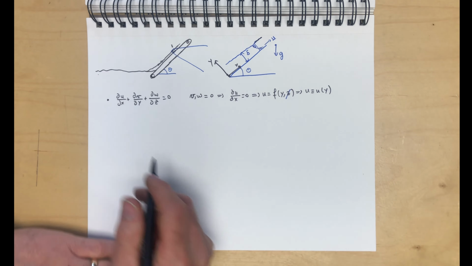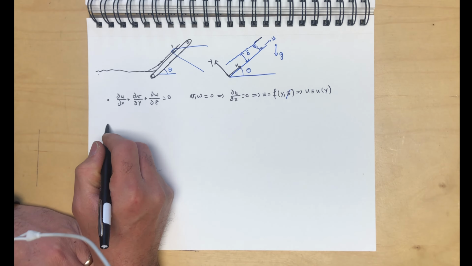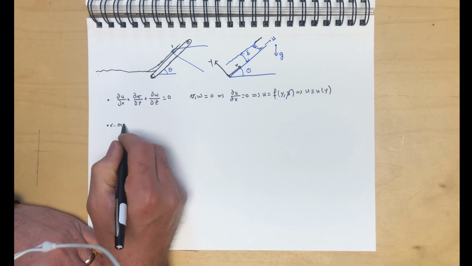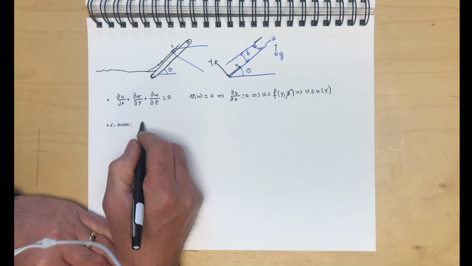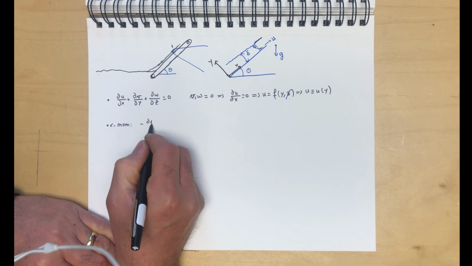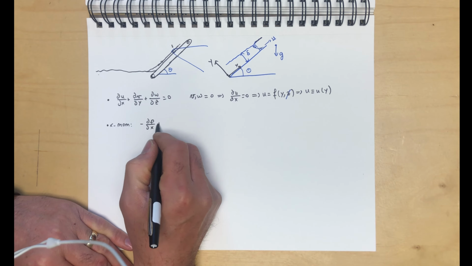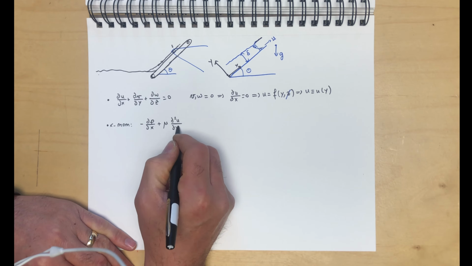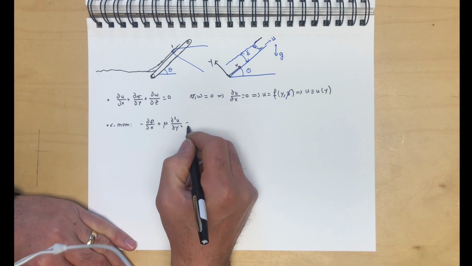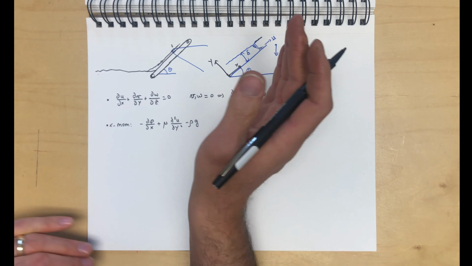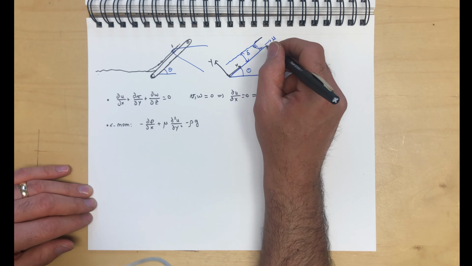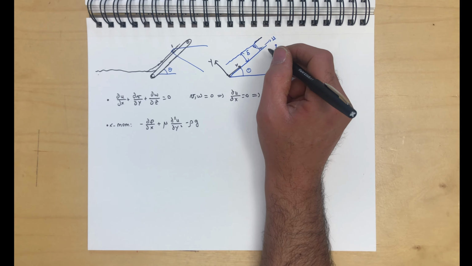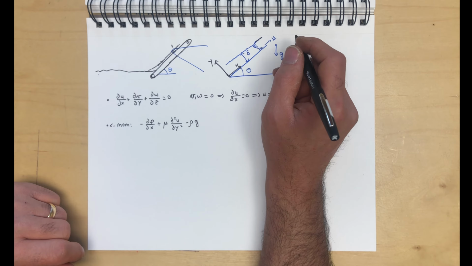Okay, so the two non-zero components of momentum, after simplification: the x momentum is going to give us minus dp/dx plus mu d2u/dy squared minus rho g. Now what is the component of g in the x direction? That will be g sine theta.